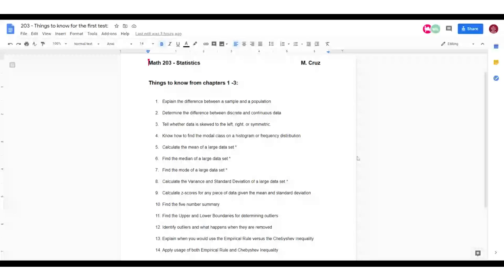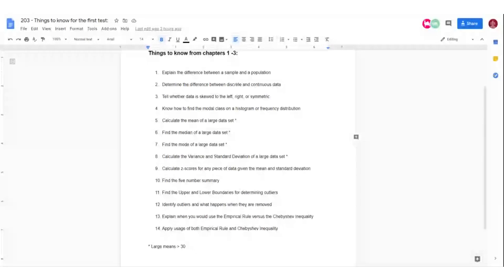I said there's like 12 or 15 things here, and I'll try to do that for each one. But these are the key things that are important. In chapter 1, you're just talking about the difference between sample and population.